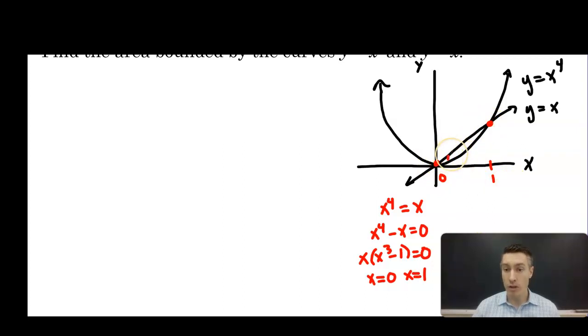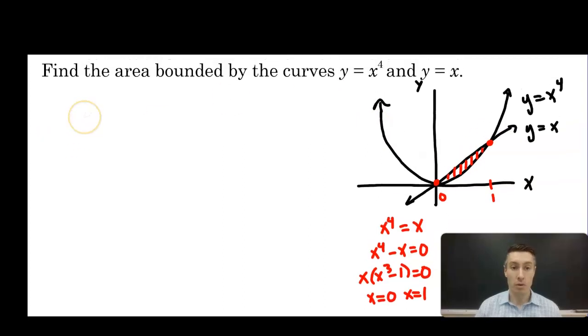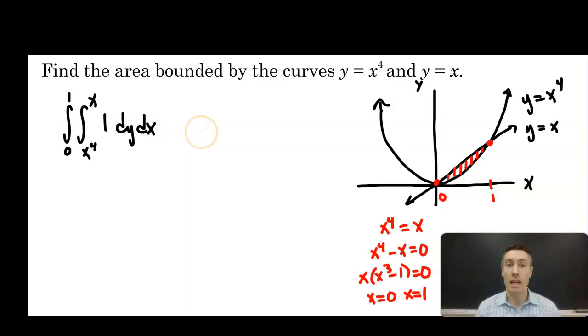Type 1 region, I think, is simpler, although this could be done either way. So we're going to set up a double integral for area now. So double integral going from x to the fourth to x, 0 to 1, of 1 dy dx. Right? So all that's going to change in an area double integral are the bounds.